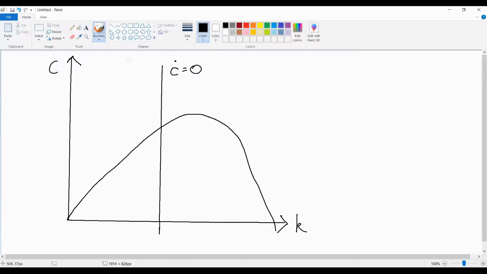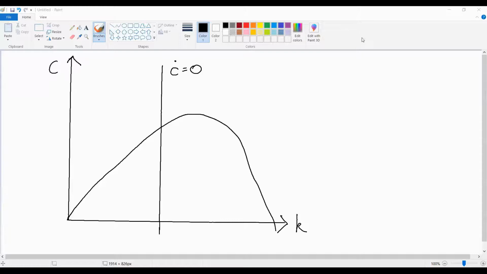I've tried to make it concave, and also I've made it go through 0, which is based on the assumption that the production function produces 0 output if there is 0 capital. There is a reason why the peak of this locus is over here, higher than where these two lines cross, but don't worry about that right now.